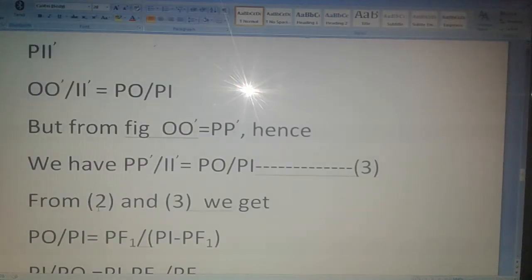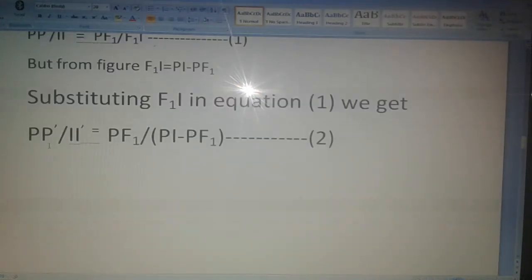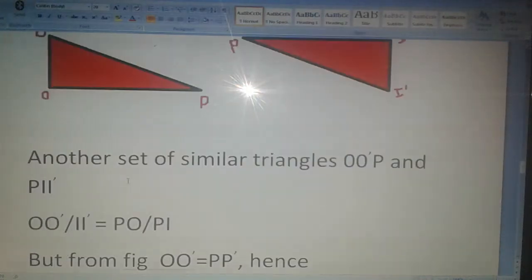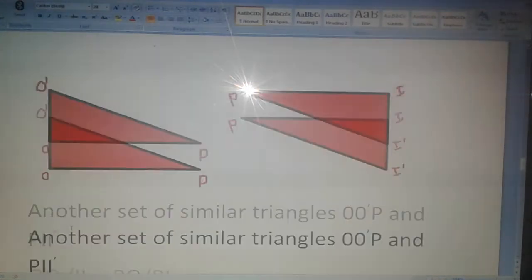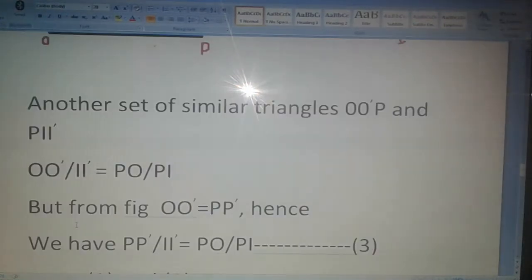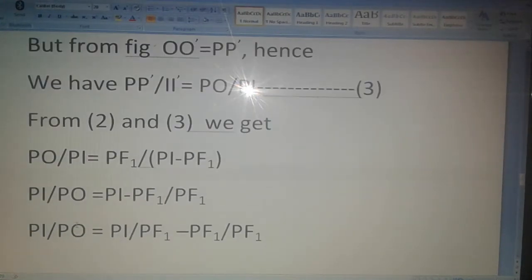So from equations 2 and 3, if we compare the two equations, the left hand side is similar, so we will equate the right hand sides.